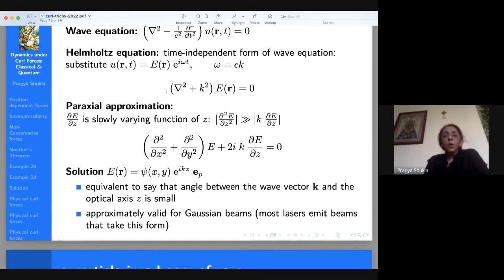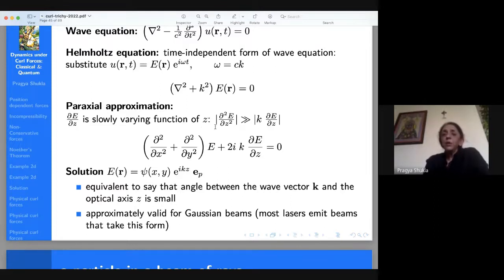Now you try to solve this equation in the simplest approximation, called the paraxial approximation, a very standard approximation used in many areas of optics: the electric field varies very slowly along the axis of its propagation.